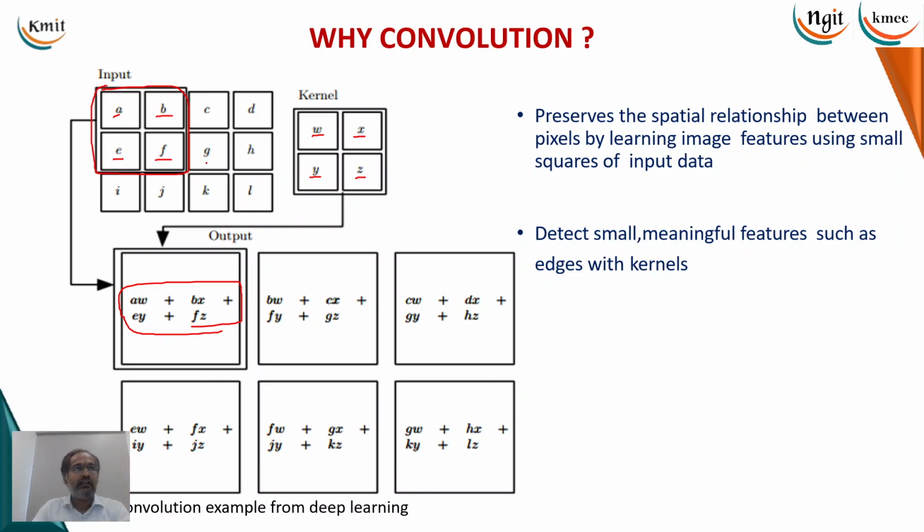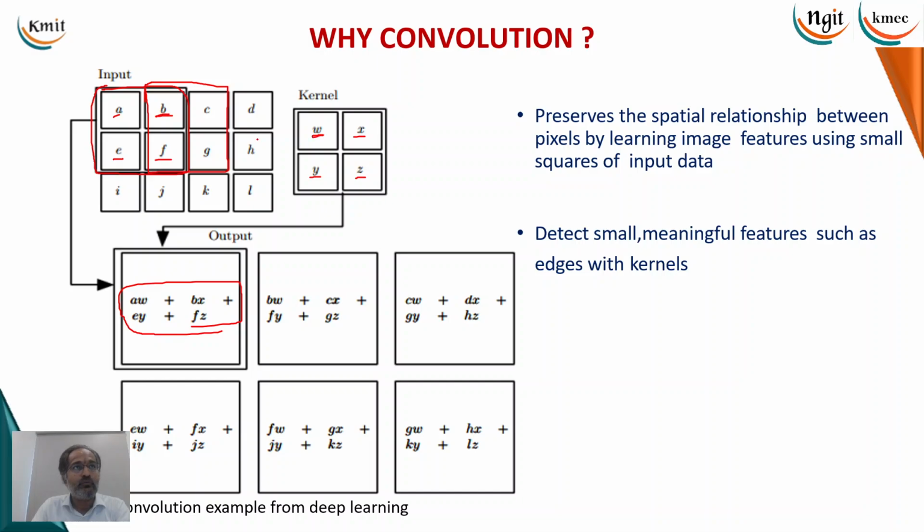Now after completion of this, we move this kernel only one pixel, meaning that the stride is 1. By default the stride is 1. So the kernel is placed on B, C, F, G. In this case, the receptive field is BCFG and the kernel is all over that.